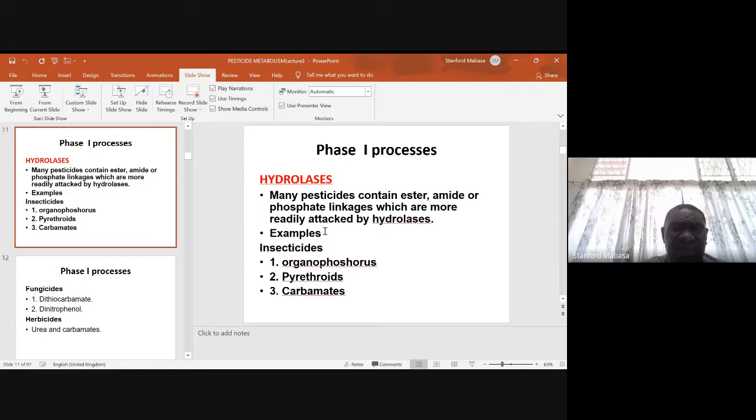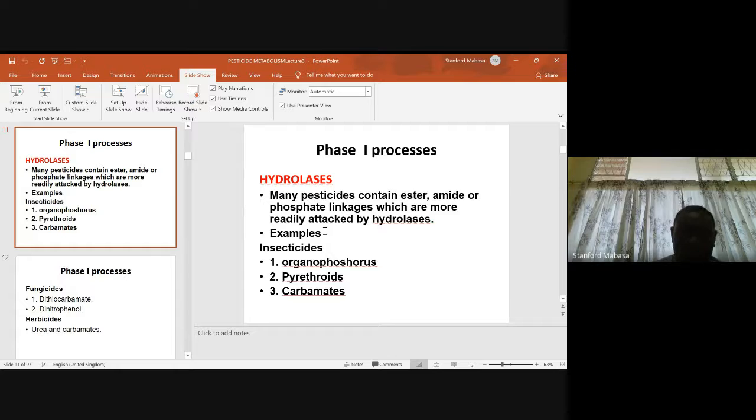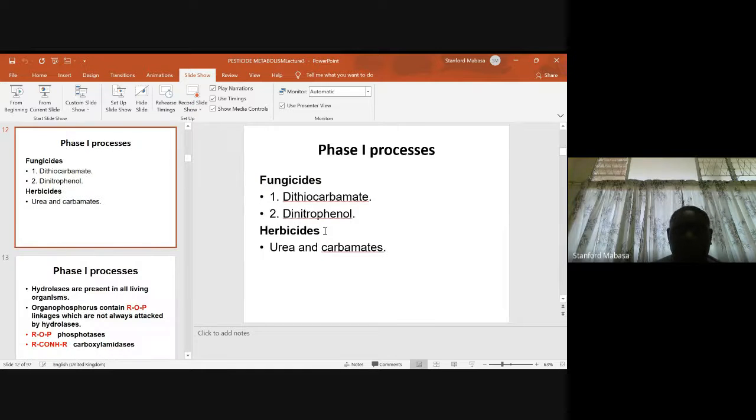Now, examples of insecticides which are prone to hydrolysis, we have got organophosphorus, pyrethroids, carbamates. These can also be broken by hydrolysis. The fungicides, we have got dithiocarbamates, dinitrophenol.